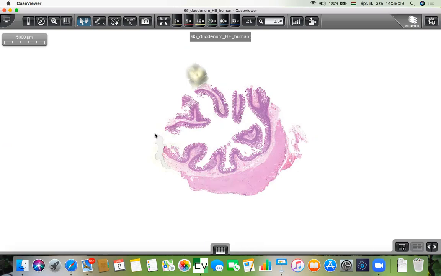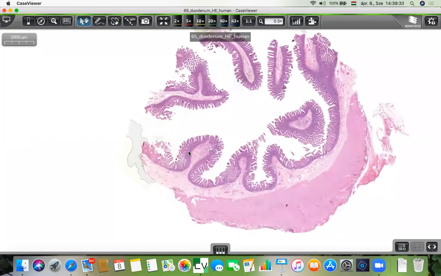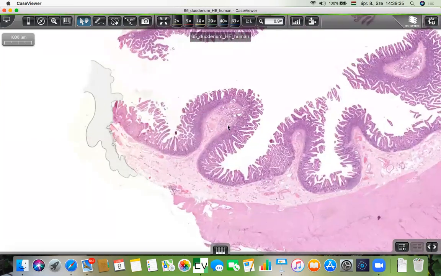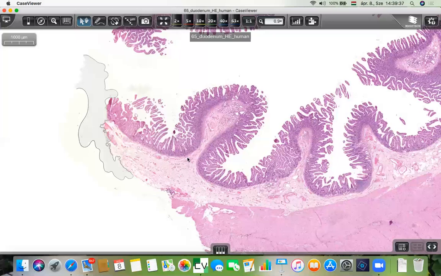They are the plicae circulares. These big, huge submucosal projections just increase the surface, called Kerckring folds.